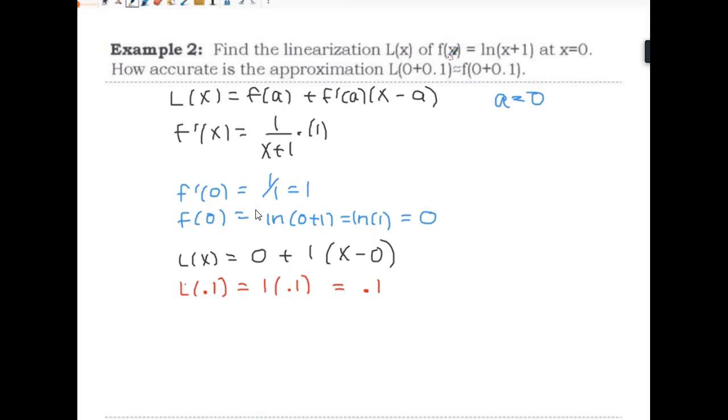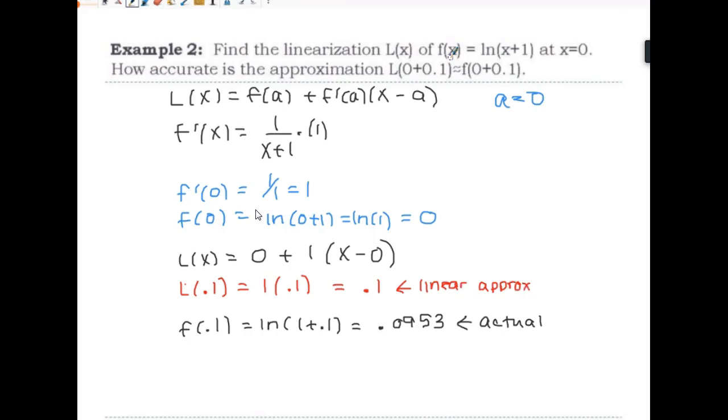So the actual would be f of 0.1, which would be the natural log of 1 plus 0.1, which is 0.0953. So again, this is the actual. This is my linear approximation.